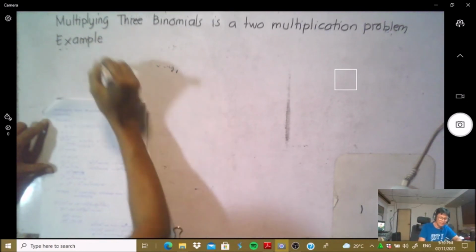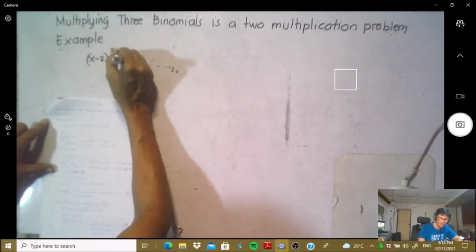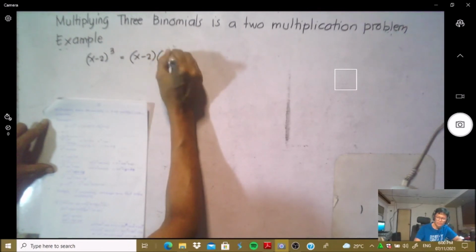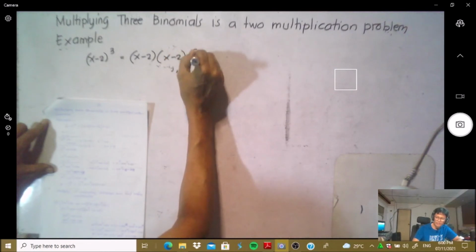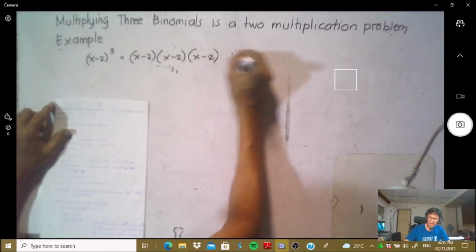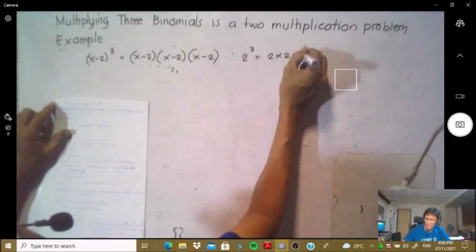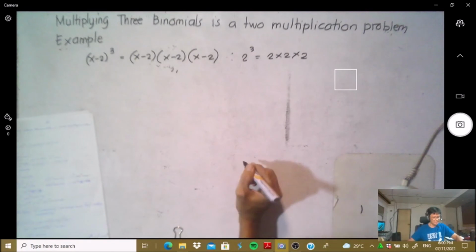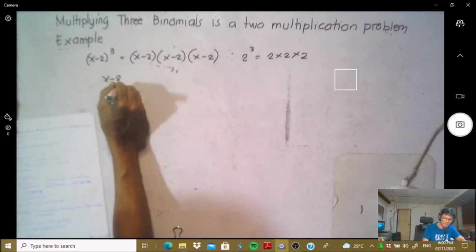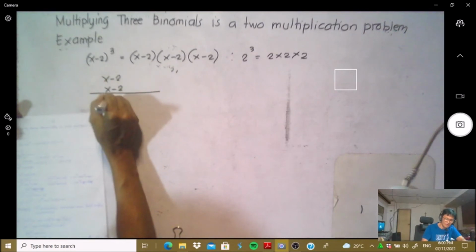We have x minus 2 cubed, which is simply equal to x minus 2 multiplied with x minus 2 multiplied by x minus 2. This is the same as 2 cubed, which is equal to 2 times 2 times 2. That is the basis for that. So we have to multiply first x minus 2 to x minus 2. x times x is equal to x squared.